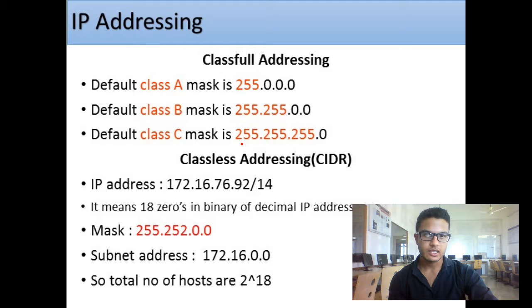Classless addressing. Classless addressing is also known as CIDR, classless interdomain routing. What happens in classful addressing is that if any company needs more than 254 host machines, but far fewer than the 65533 host addresses, then the only option for the company is to take a class B address.